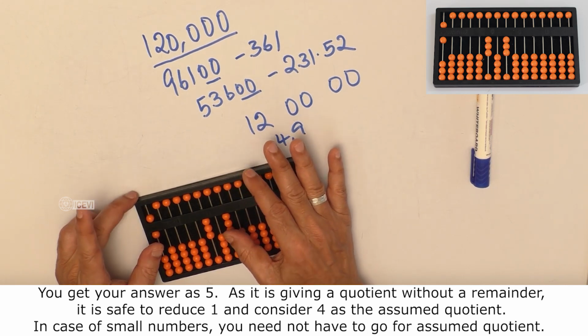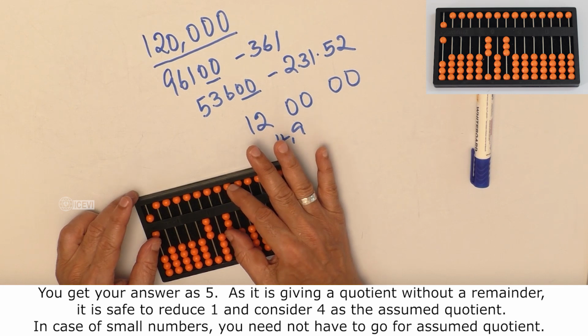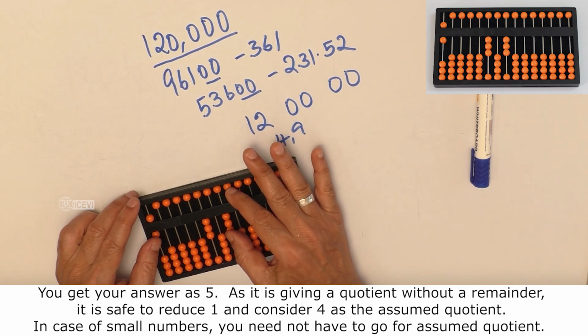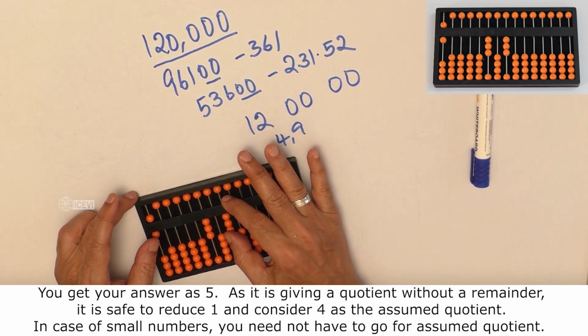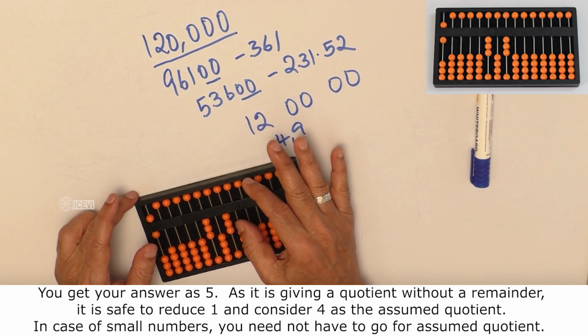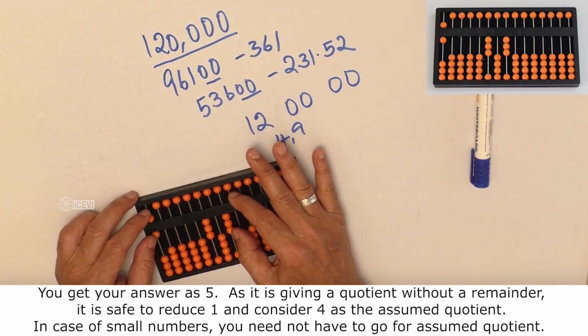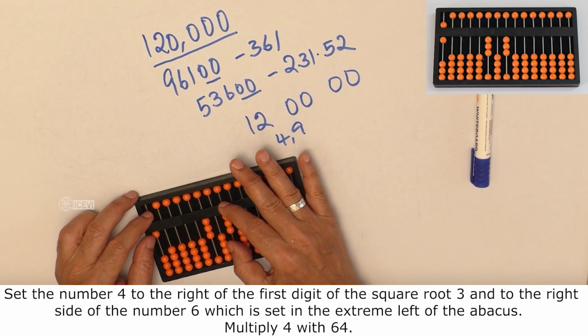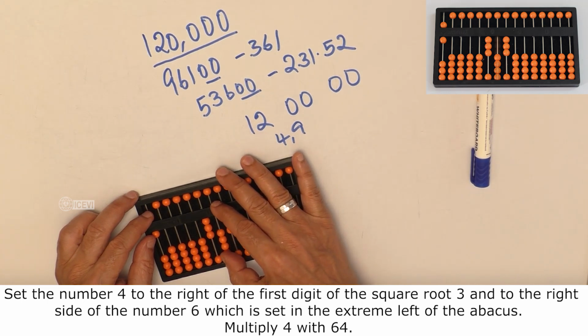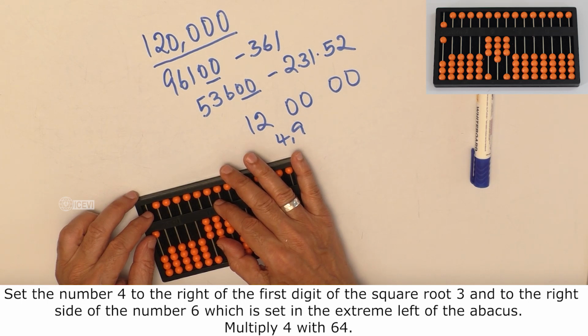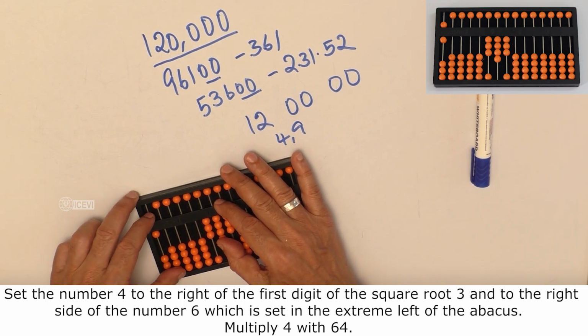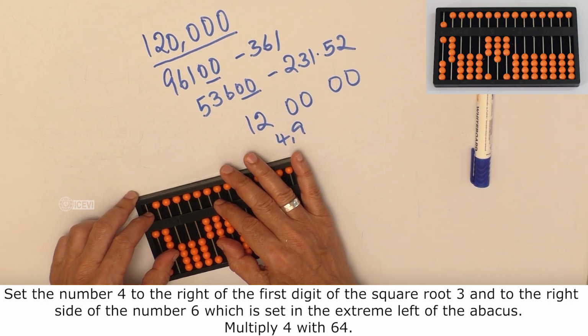It is safe to reduce 1 and consider 4 as the assumed quotient. In the case of small numbers, you need not go for an assumed quotient. Here, set the number 4 to the right of the first digit of the square root 3 and to the right of the number 6 in the extreme left of the abacus.